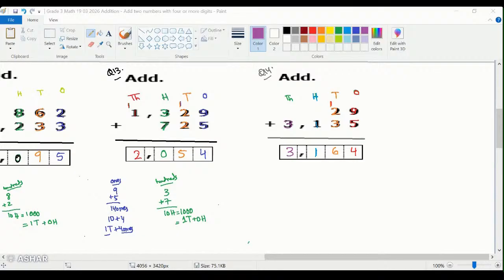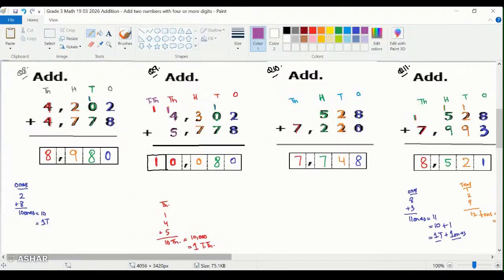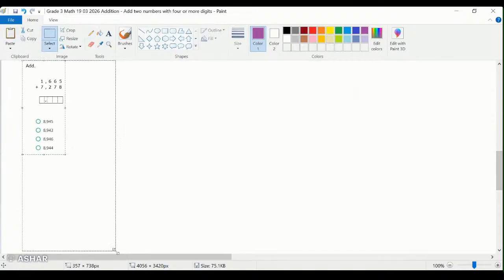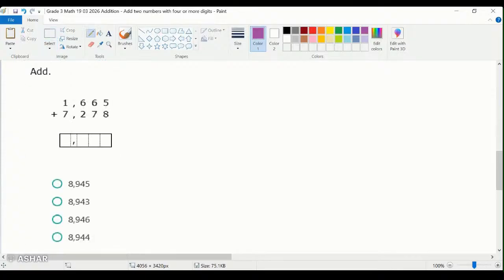Okay, very easy question. Let's say the first question from the test. We'll look at how we can find the answer easily, right? How can we make our lives easier?